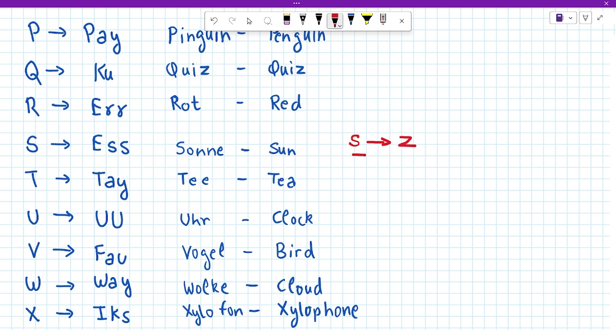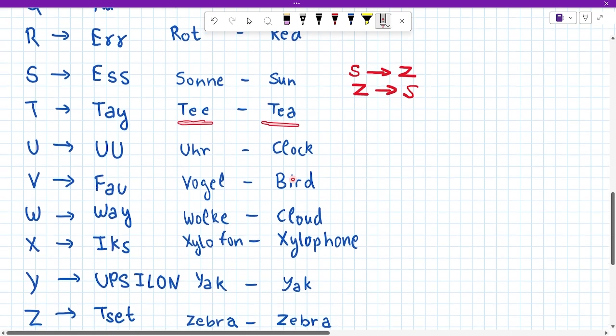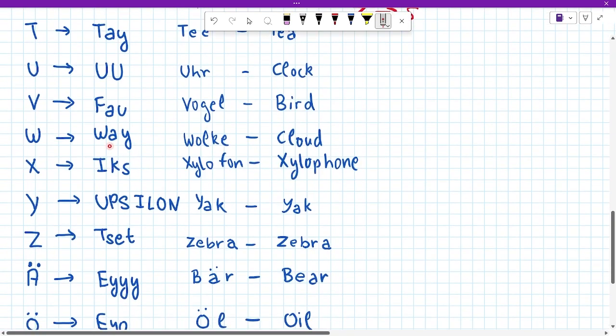And it's the opposite for Z. Z is pronounced as S in German in most cases. There are some exceptions and we will look into them in further videos. Then we have T, similar to T. Then we have Uhr, which stands for clock in English. And V is pronounced as F in German.